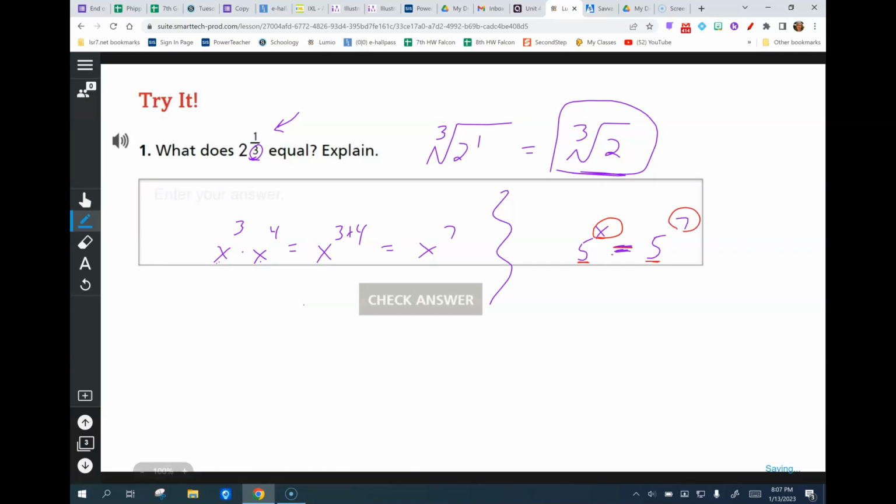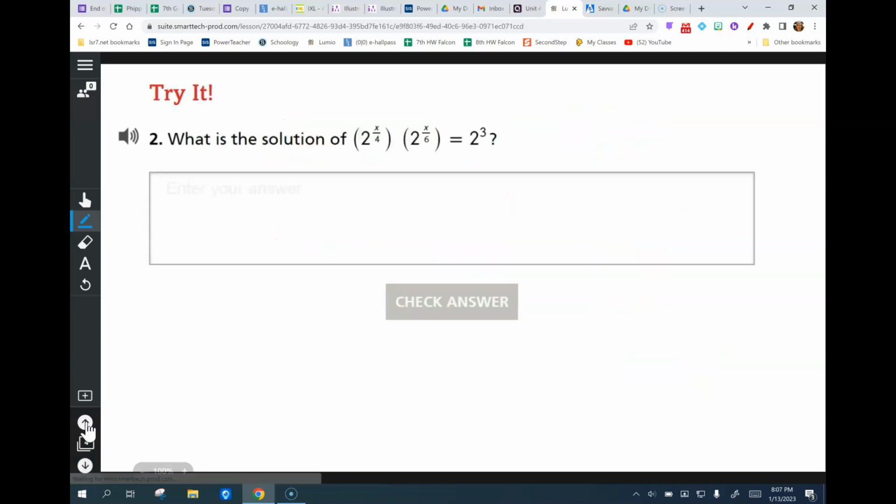If these two things are equal, doesn't x have to equal 7? So if my base is the same and it says that it's equal, then my exponents have to also be equal. Okay, go to the next page.